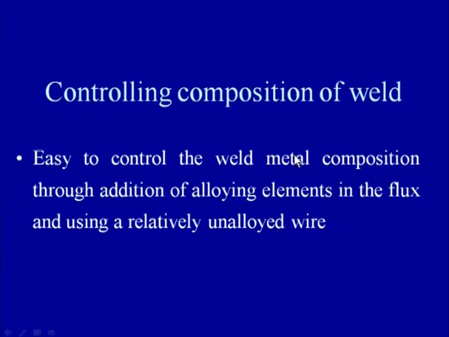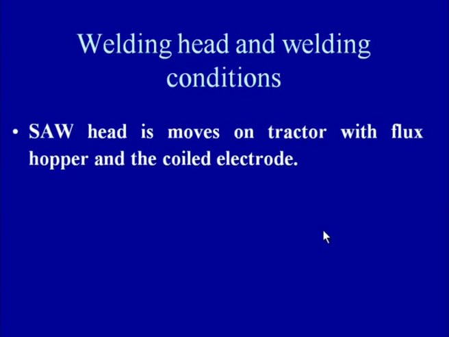So, this is how it is comparatively easy to control the weld metal composition in the SAW process by adding the alloying elements in the flux and using the relatively unalloyed filler material, because getting the filler material of the required composition may be difficult. If that is difficult and we want to change the composition of the weld material as per our requirement, then this kind of modification can be made easily by adding the alloying elements with the flux itself.